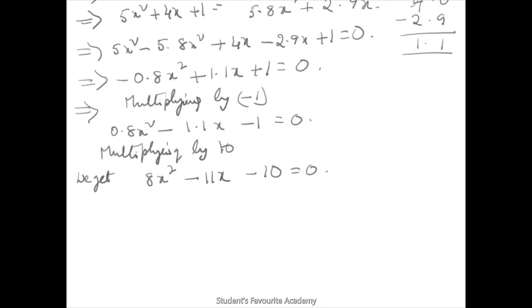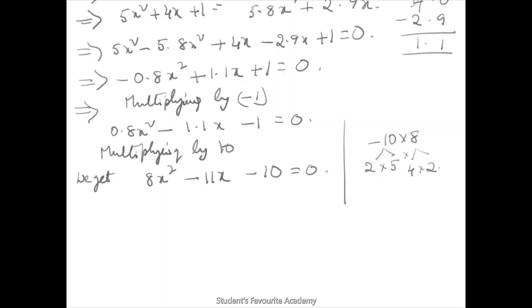So our product is minus 10 into 8. Now the factors, let me see what we can do. This can be split up as 2 into 5 and this can be split up as 4 into 2.